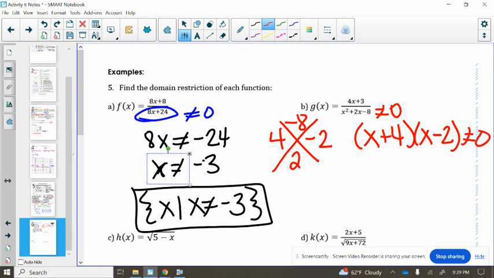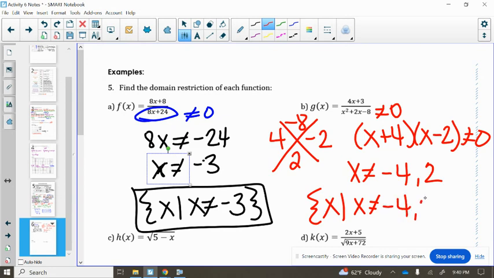Again, where is it going to make us equal 0? When x equals -4 or +2, that is what's going to cause us the issue. So this time we have two values that are exempted here, -4 and +2.